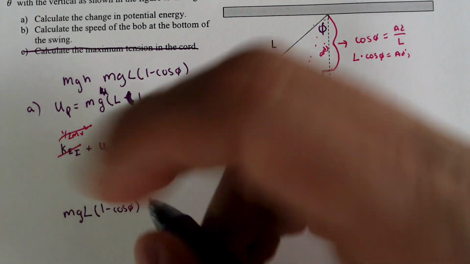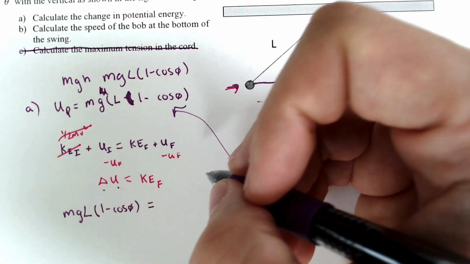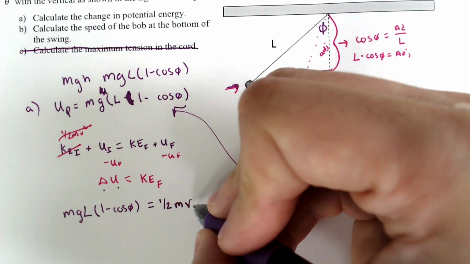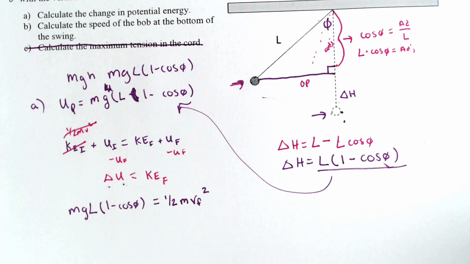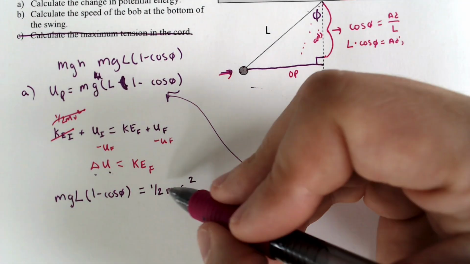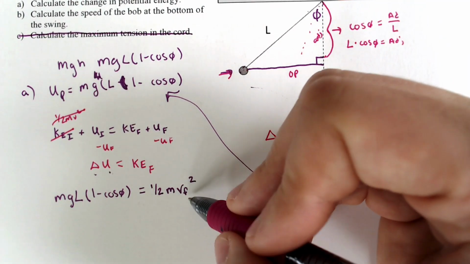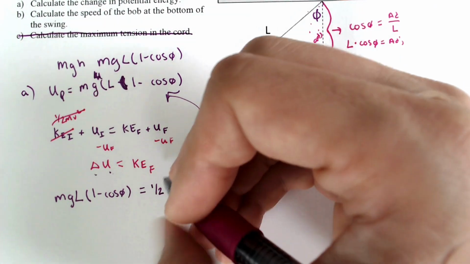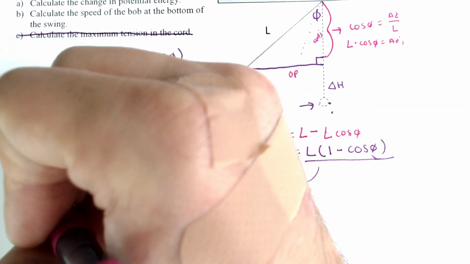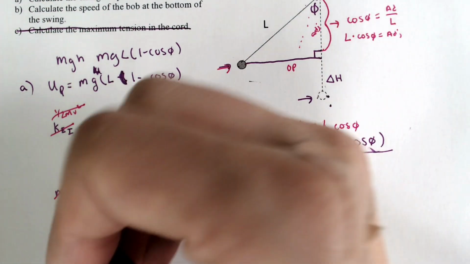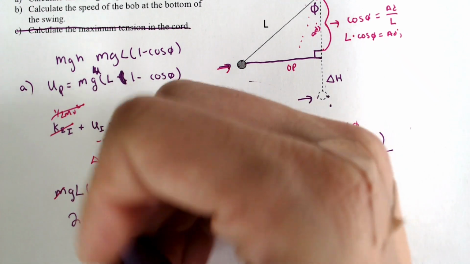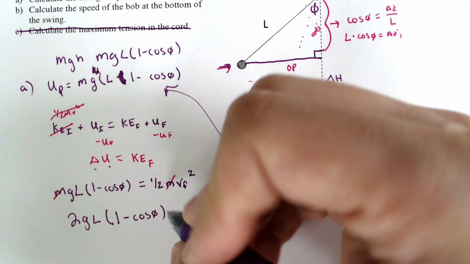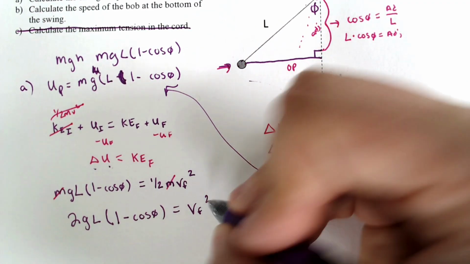That is the change in potential, and that would have to equal the kinetic energy final. Well, the kinetic energy of anything is 1/2 mv squared. So if we solved for the vf squared part, we would multiply by 2 and divide by m, and the m's would cancel out, giving us 2gL times 1 minus cosine theta equals vf squared.